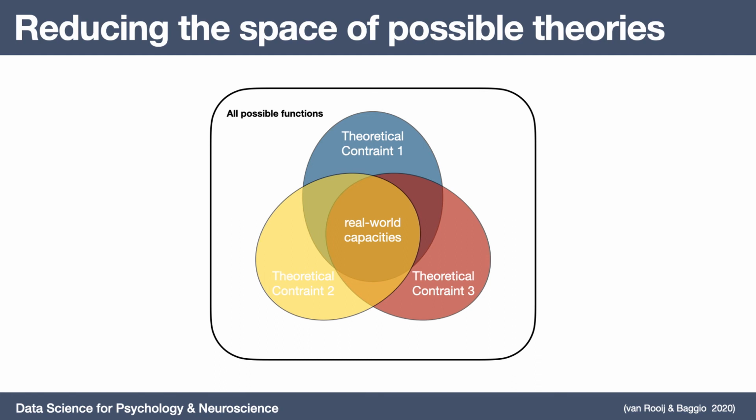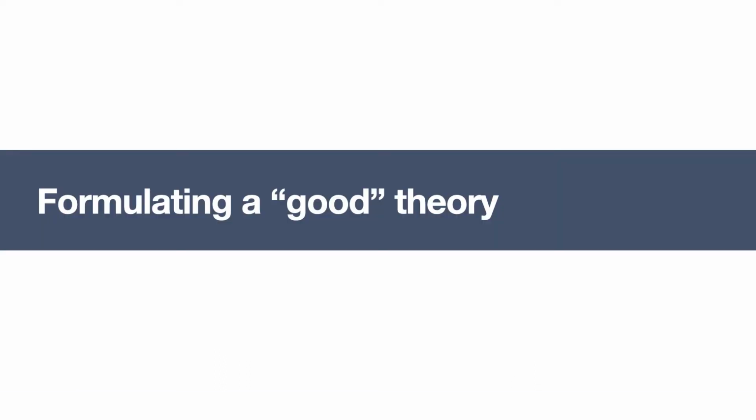Now, I'd like to shift gears for a little bit, now that we've defined the shape or form of our theory, to exploring how you can formulate a good theory. And by good, I mean good from a data science perspective, where you can evaluate it effectively using data analytic tools. So we're going to shift gears to the Guest and Martin paper.